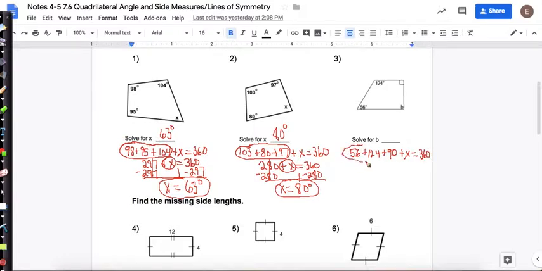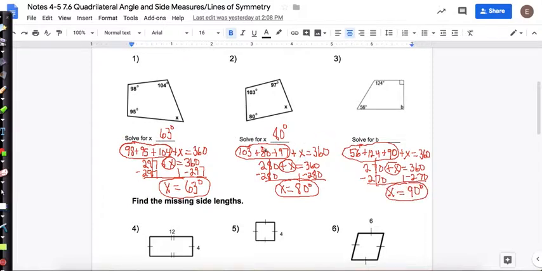So once again, we're going to add up the three measurements that we know, and that gives us 270 plus x equals 360. Circle your variable, draw your t. And the opposite of 270 is subtract 270. These cancel, bring down your x, and 360 minus 270 is 90 degrees.